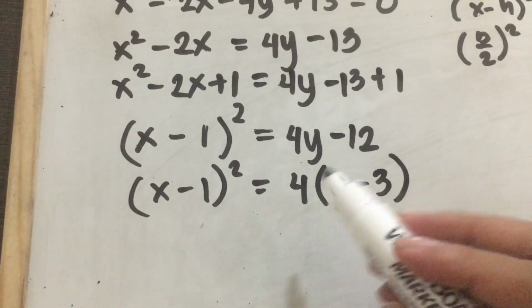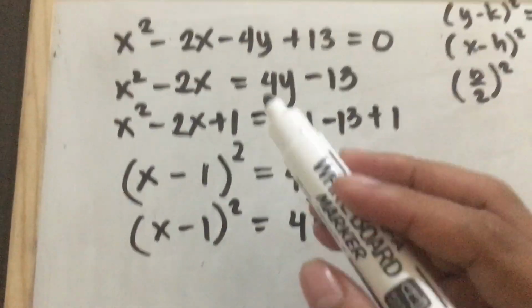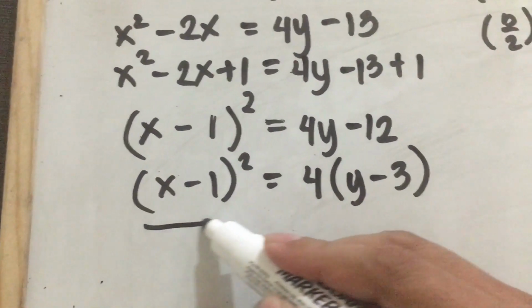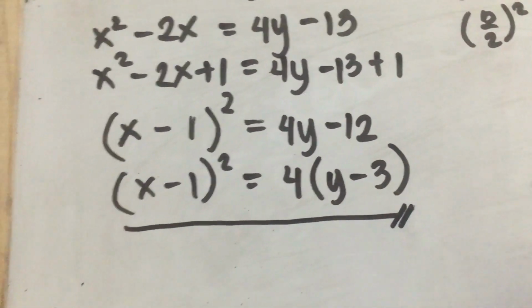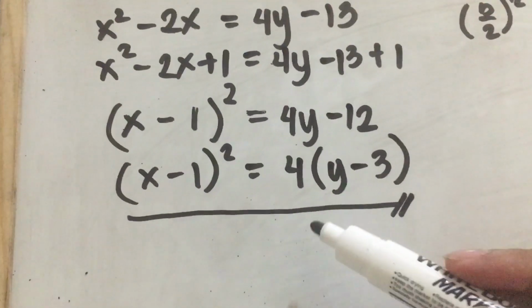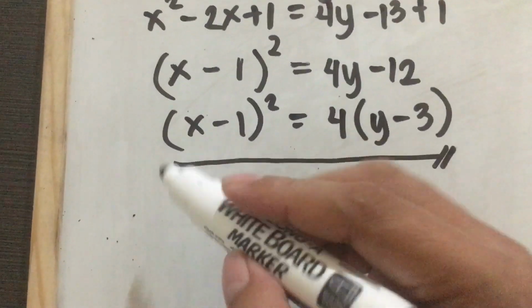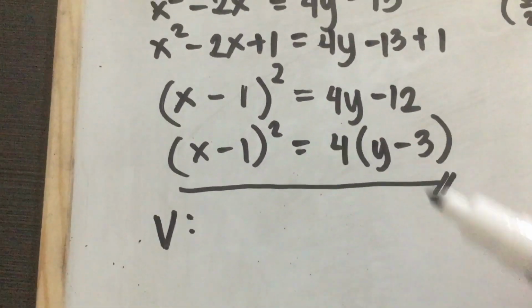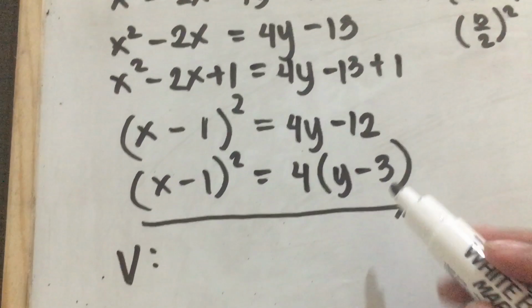So therefore, your general form becomes now a standard form of the equation of a parabola. So from the standard form of the equation of a parabola, you can now identify the vertex of your parabola.